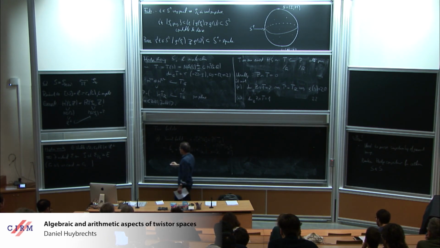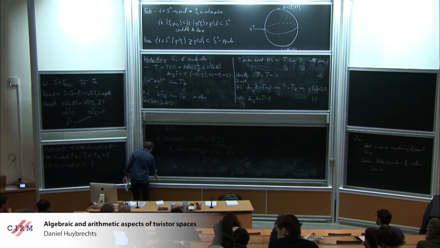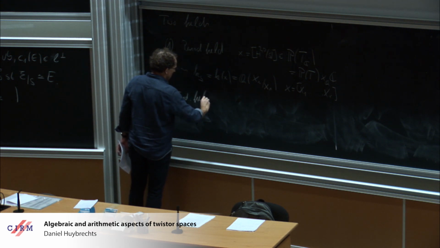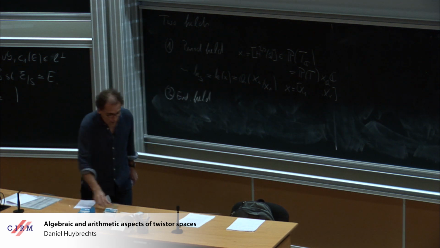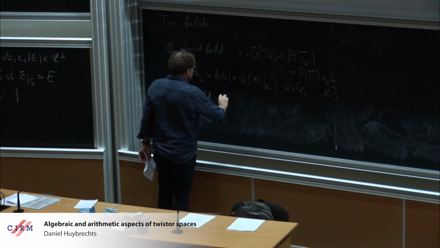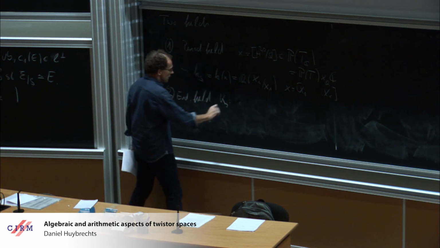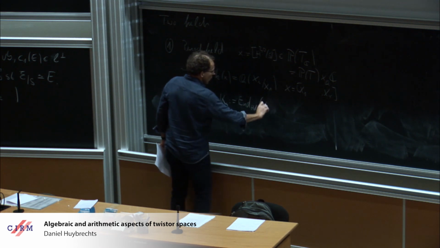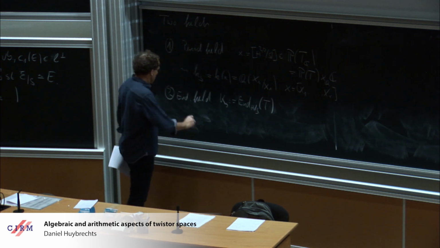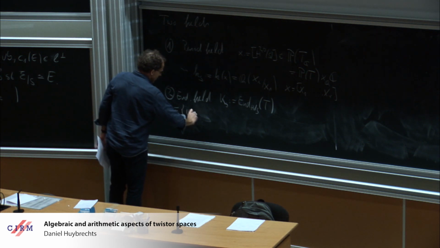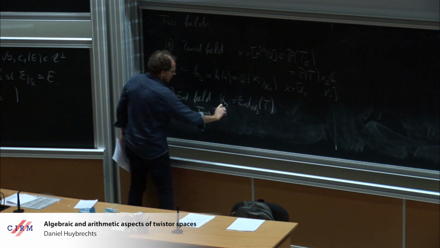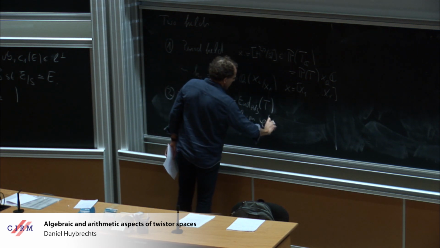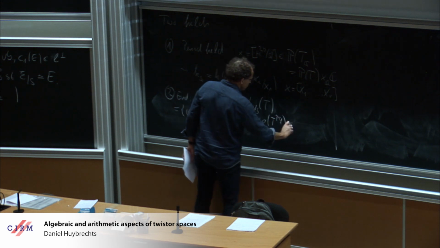Then there's the endomorphism field. This is by definition, so that's capital S, the endomorphism algebra of the Hodge structure T. To make this precise, it is the Q-linear maps such that the (p,q) parts are mapped to the (p,q) parts.